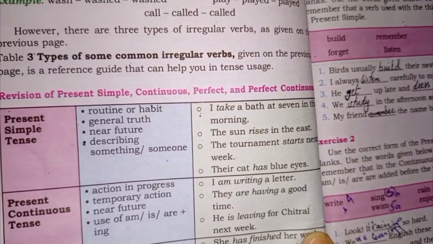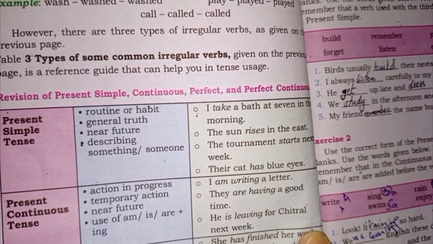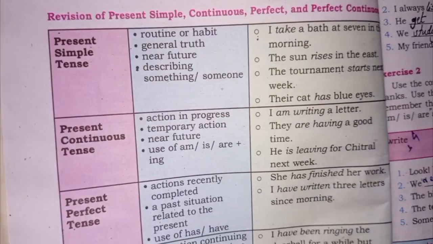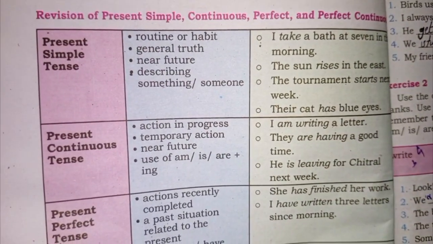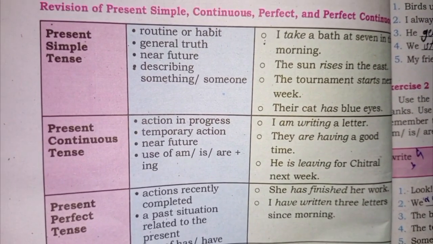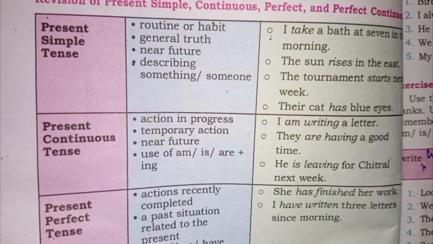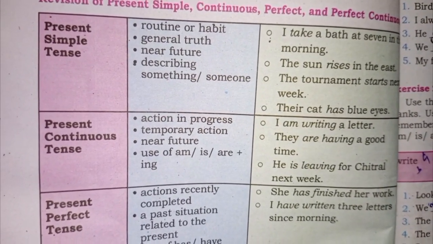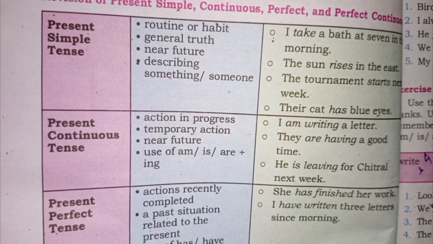Here the quality of the cat has been describing. Okay, so next move, present continuous tense. You will come to know by watching this video that the present continuous tense always expresses an action that is in progress or continuing.